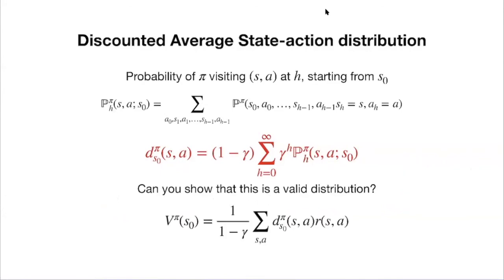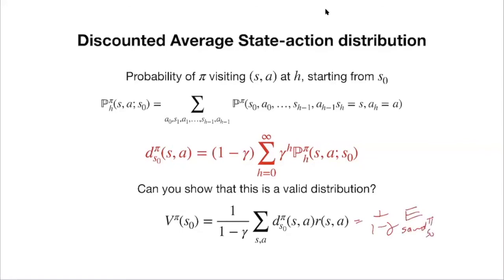And the second thing, related to your question, is that with this definition we can write out this v pi S0 using this simplified expression, right? I'm just considering the expected reward under this average state action distribution. In other words, I can write this as the expectation of SA from d pi S0 of R(S,A).